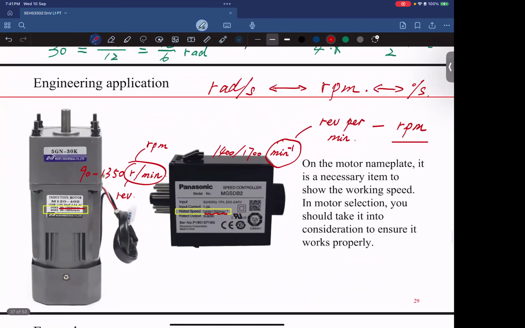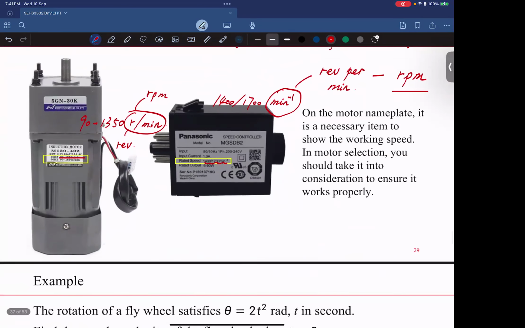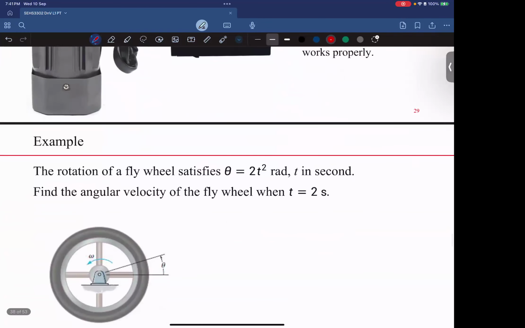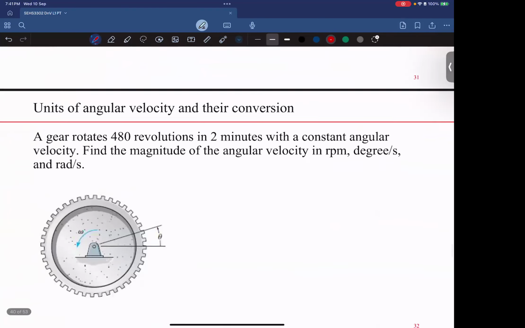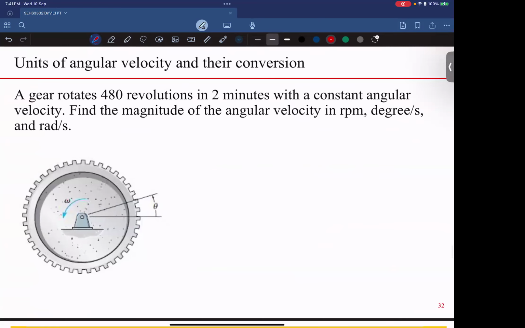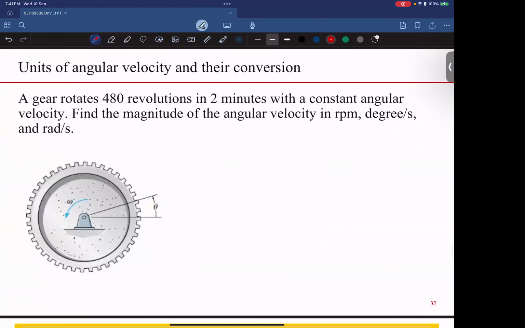Given one, we can convert it to another for convenience, and we can have a try with this example. A gear rotates 480 revolutions in 2 minutes.